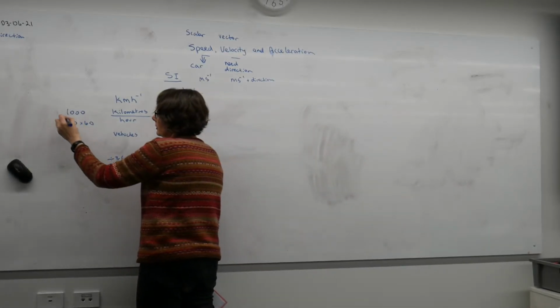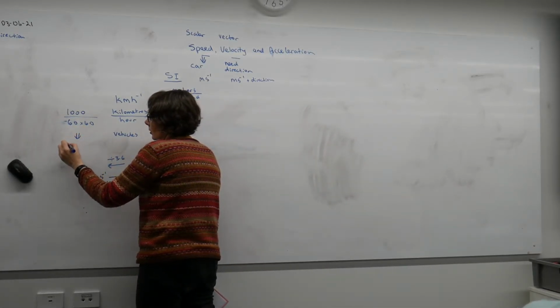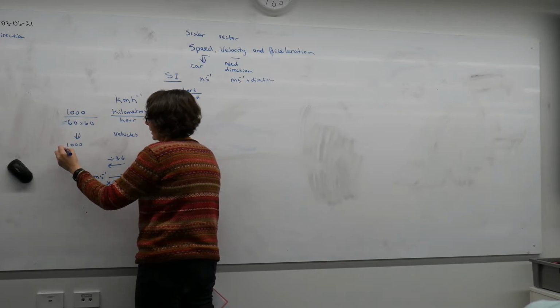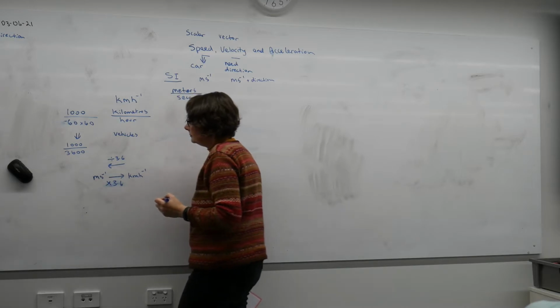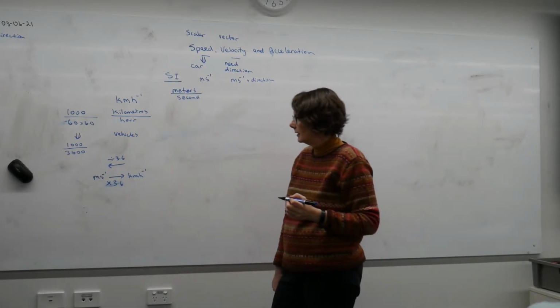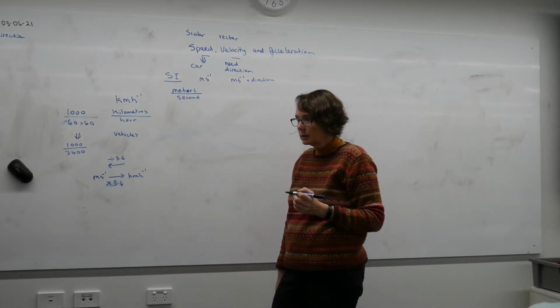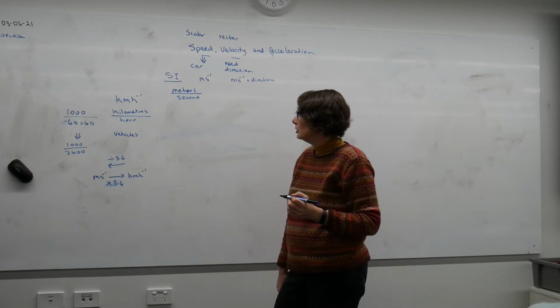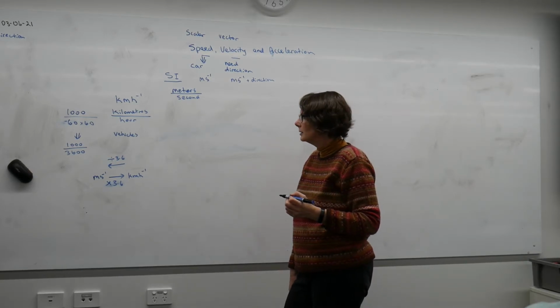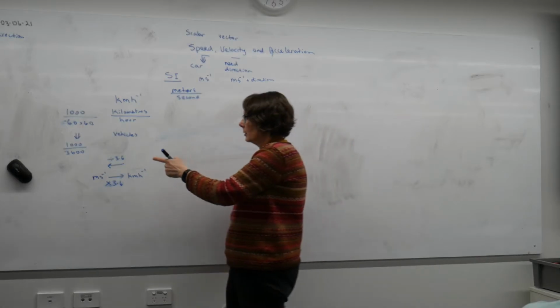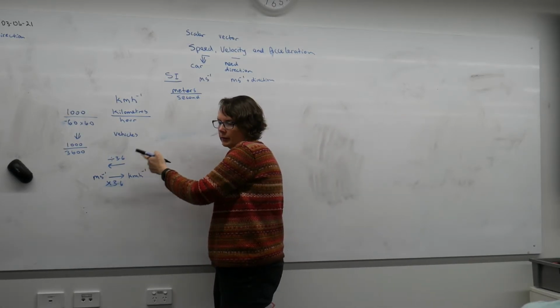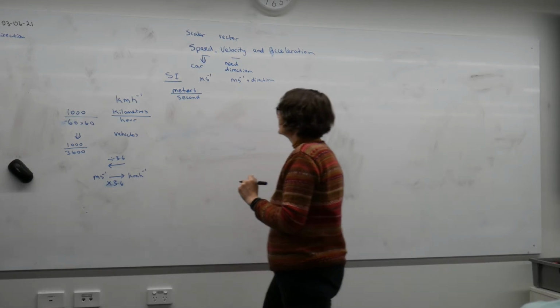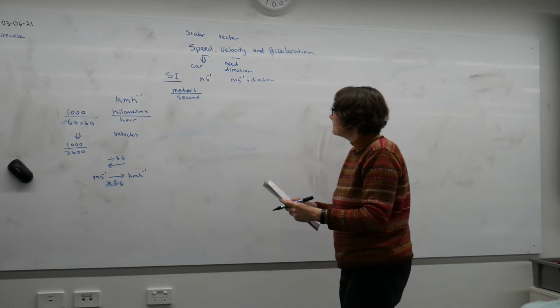So this gives me 1,000 divided by 3,600 in that instance. Does that have to be the other way around? Well, it depends on which way. That's why this one would be making it smaller, putting it around that way. We're going for meters per second. All right.